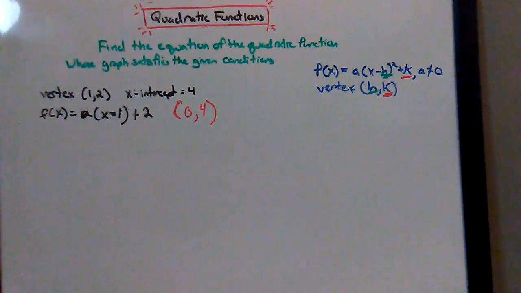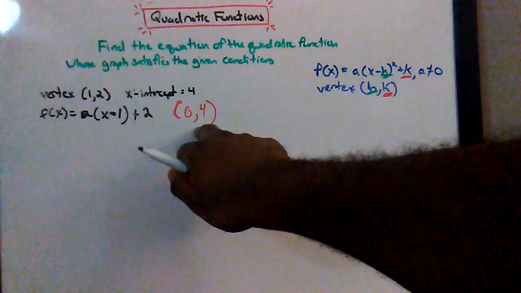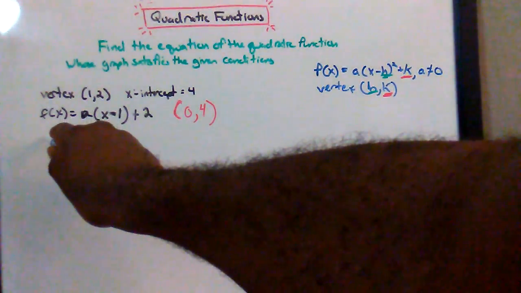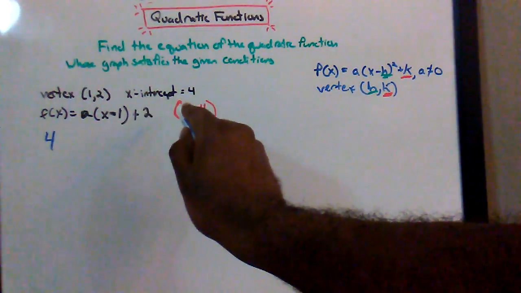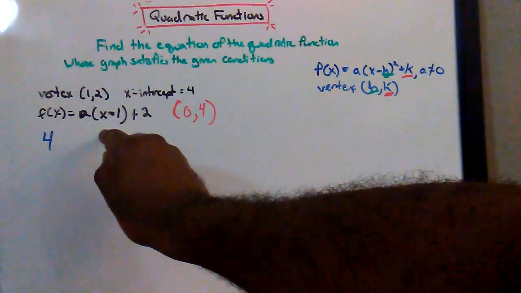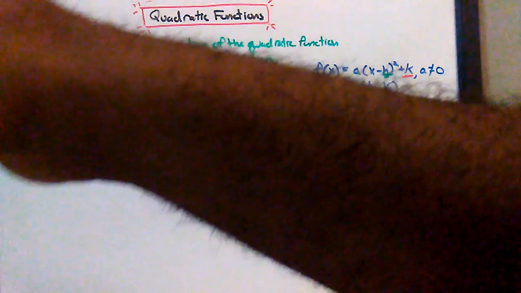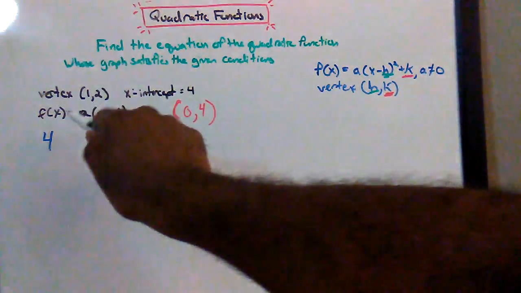Okay, so I'm going to replace the y value with a 4 and the x value with a 0, and I will solve for a.